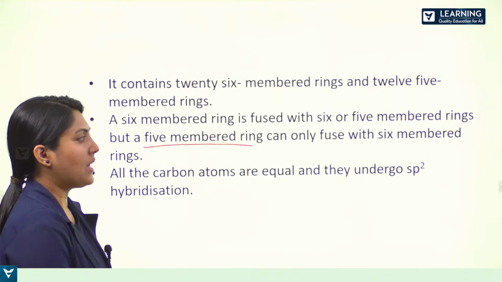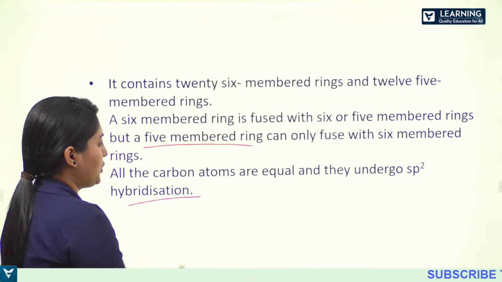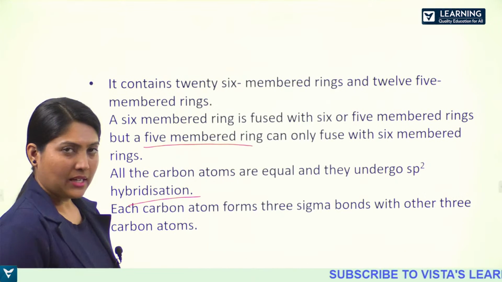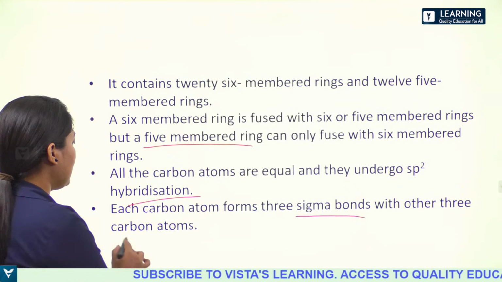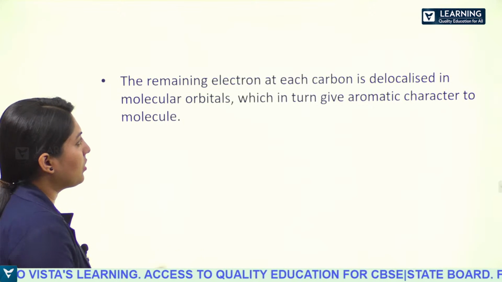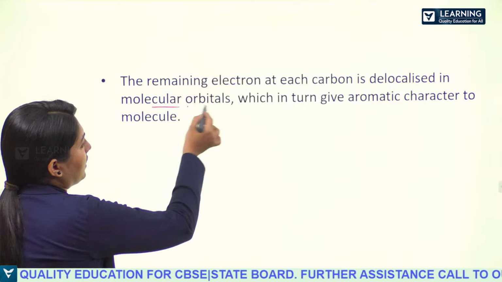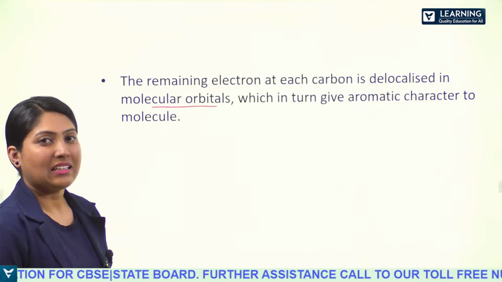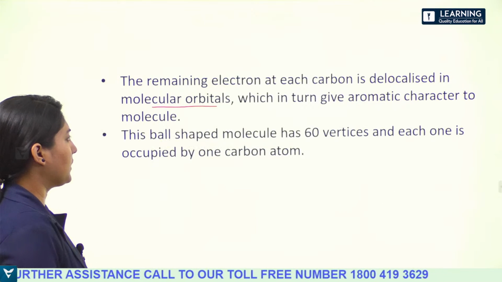All the carbon atoms are equal and they all have sp2 hybridization. Each carbon atom forms a sigma bond with 3 other carbon atoms, and the remaining 1 electron at each carbon atom is delocalized in molecular orbitals, which in turn gives an aromatic character to the molecule.